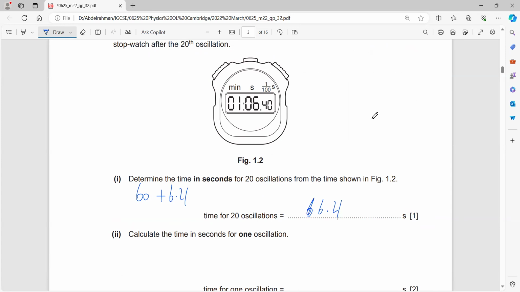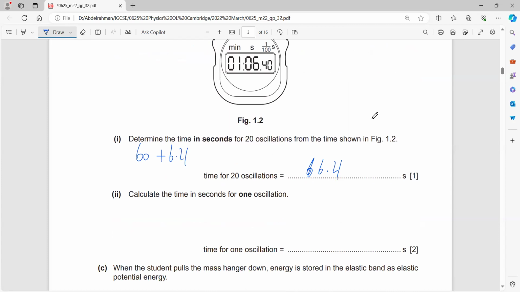Calculate the time in seconds for one oscillation: 66.4 over 20, which is 3.32 seconds.